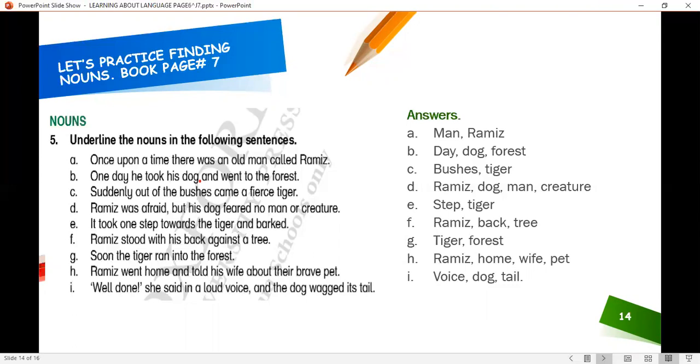It took one step towards the tiger and barked. Now, in this sentence, the nouns are step and tiger. In sentence F, Ramiz stood with his back against a tree.